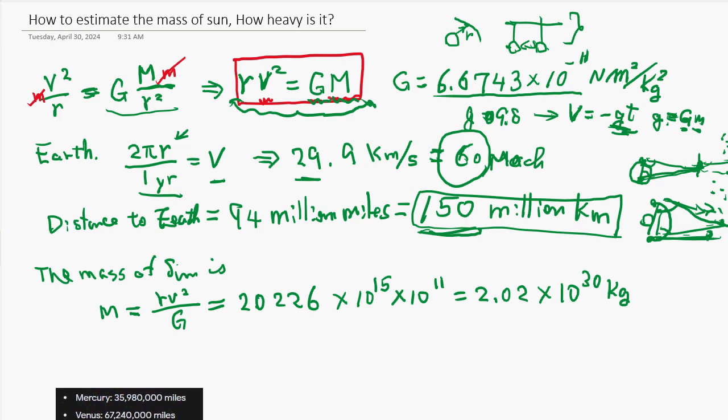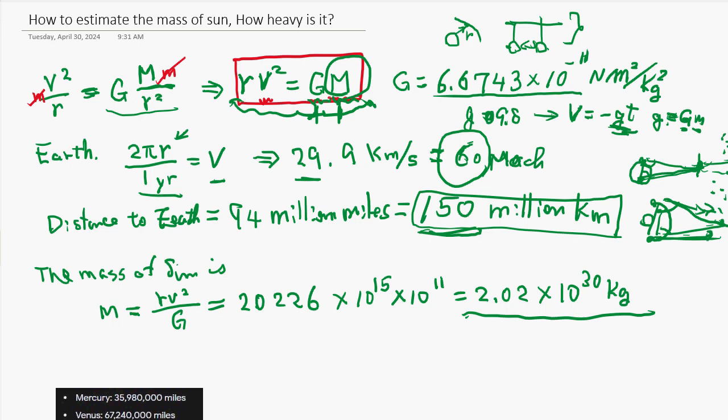Earth is flying around the Sun at Mach 60. So the mass of the Sun is R V squared over G. You calculate it, it's about 2 times 10 to the 30 kilograms.